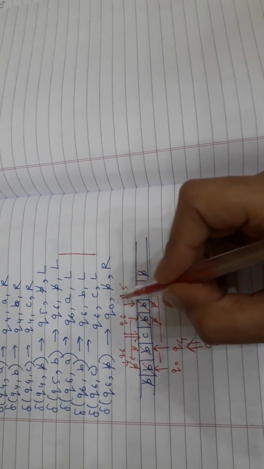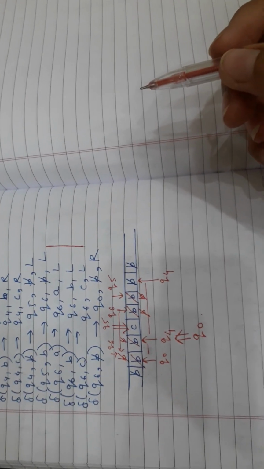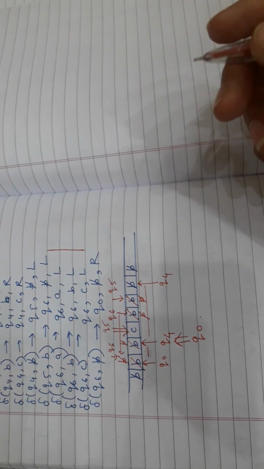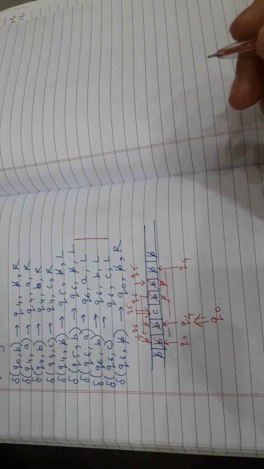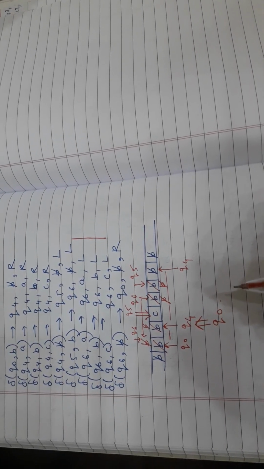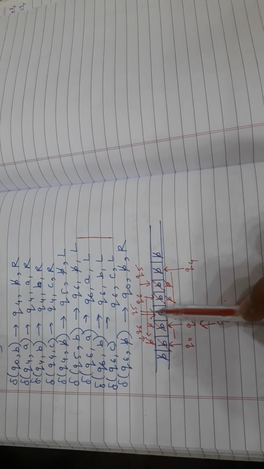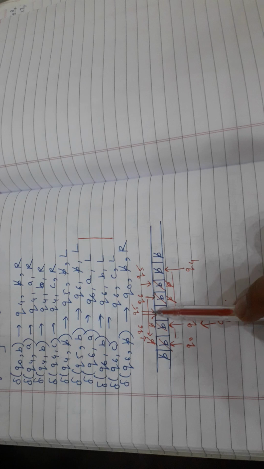We will land up here by changing this to Q5. So we now have to think what happens if we receive a C here. So basically if Q5 receives a C, we do not know whether the symbols are ending here.